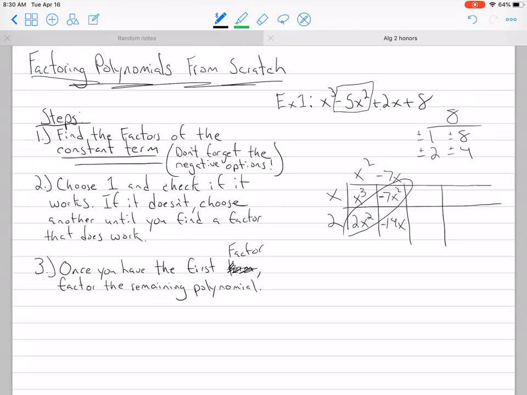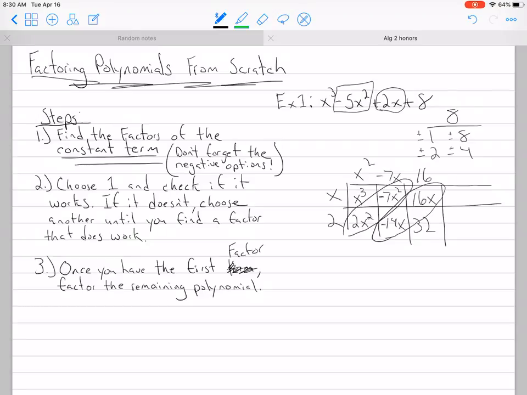And now I know I need a 2x for my next term. So the only way I'm going to get from a negative 14x to 2x is I'm going to need a 16x. So x times 16 is 16x, and 2 times 16 is 32.